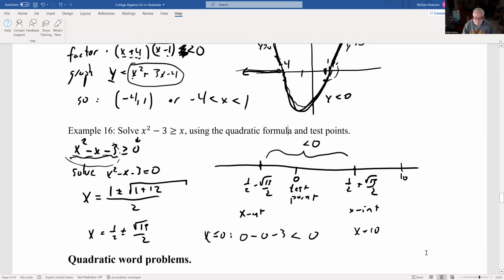So out here, positive, that means greater than 0. We take minus 10 out here and use that as a test point. Plug it into this, that gives us minus 10 squared, which is 100, plus 10, because minus 10, minus 3, and that's definitely positive, greater than 0.